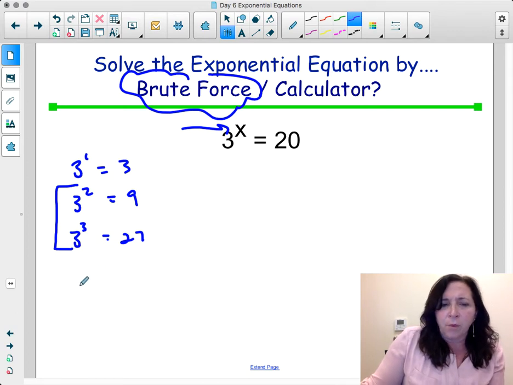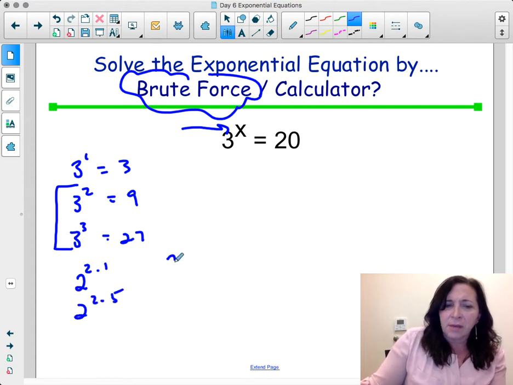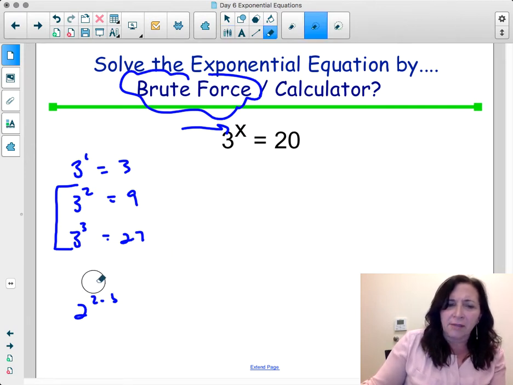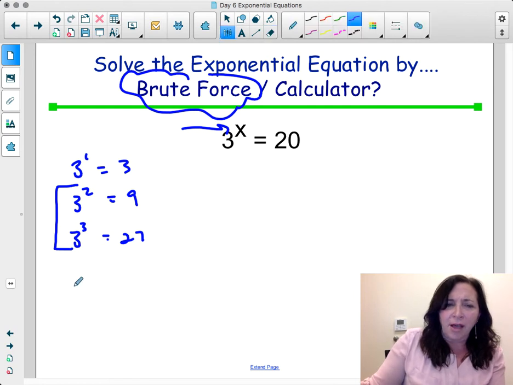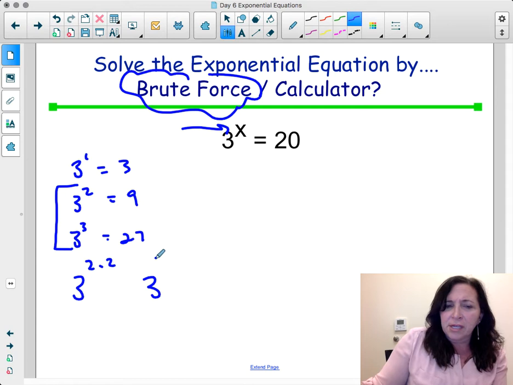So what I suggest to my students is to have them start plugging in values. Let's say 3 to the 2.2, 3 to the 2.6, 3 to the 2.7.